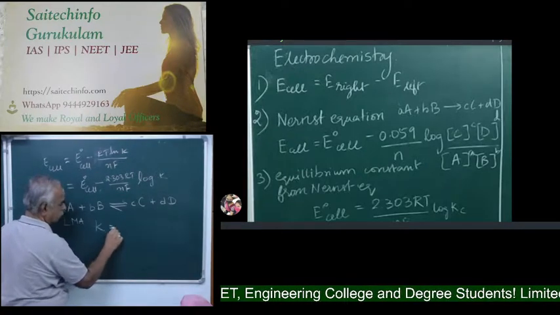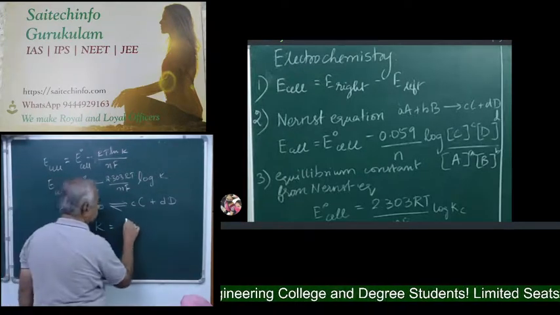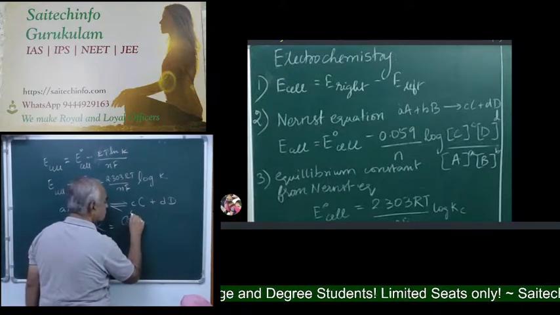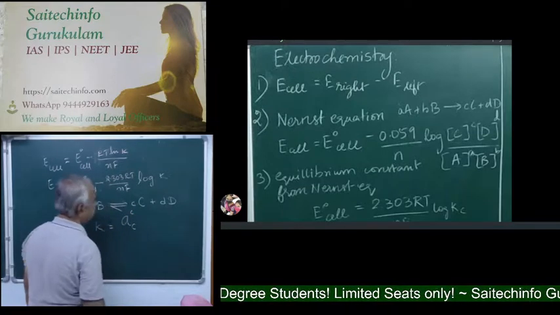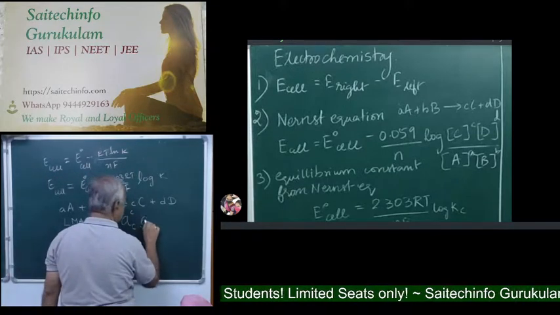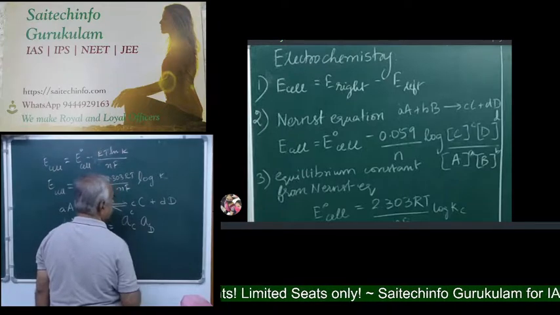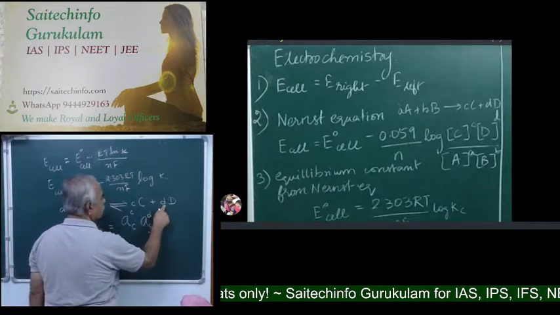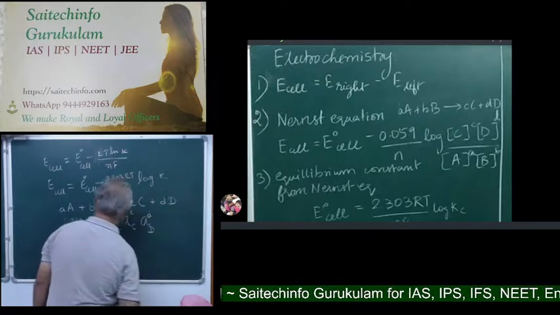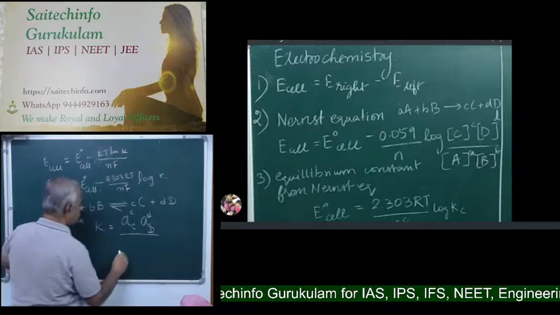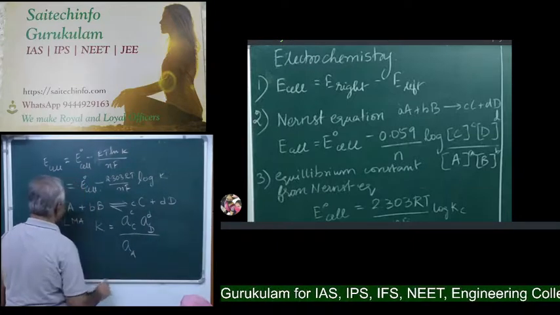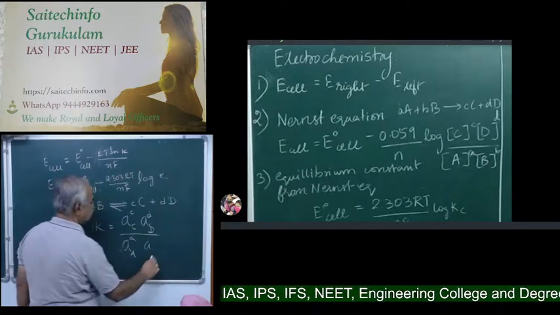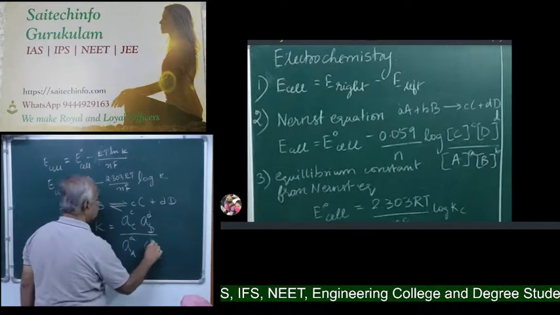the equilibrium constant K is equal to the active mass of C raised to the power c, this is the molar coefficient, into the active mass of D raised to the power d, divided by the active mass of A raised to the power a, and then the active mass of B raised to the power b.